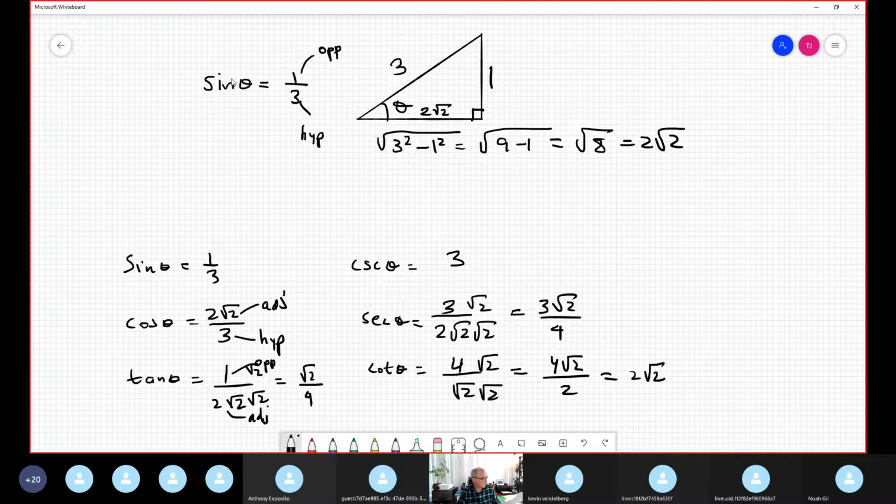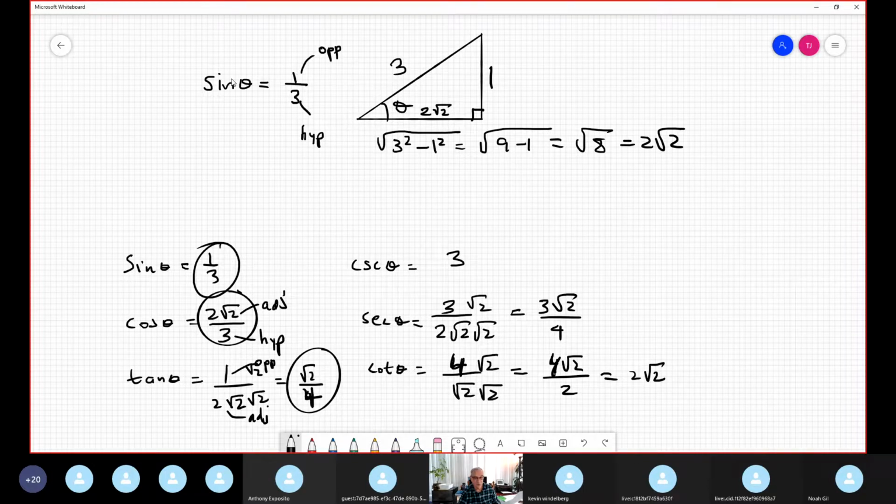The conclusion. Sine is given. Cosine is 2... Sorry, Professor, this is a 4, right? Oh, it's a 4. Sorry, Professor, it's my weird 4. The cosine is 2 radical 2 over 3. The tangent is radical 2 over 4.